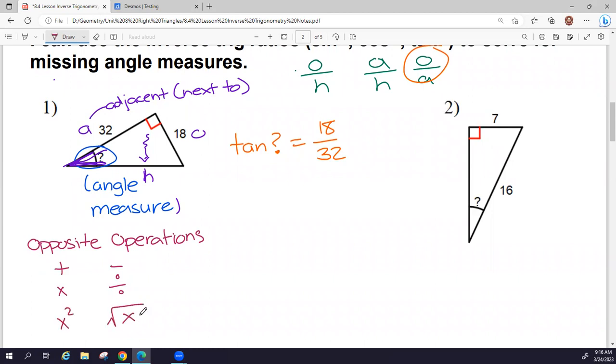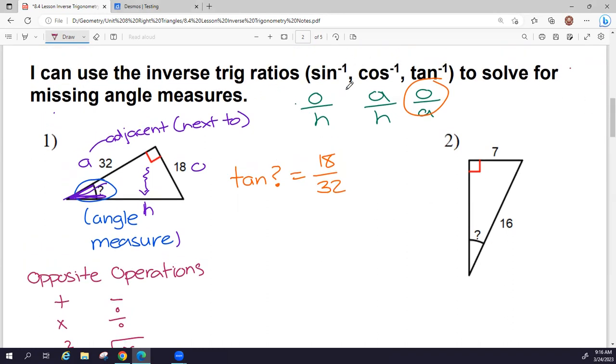Squaring and square rooting, those are opposite operations. Inverse trig functions, these sine, cos, tan to the -1, that is the opposite of doing the regular sine, cos, and tan. So they cancel each other out. So if I want to cancel out tangent right here and be left with question mark, which is our angle, we can use tan inverse.